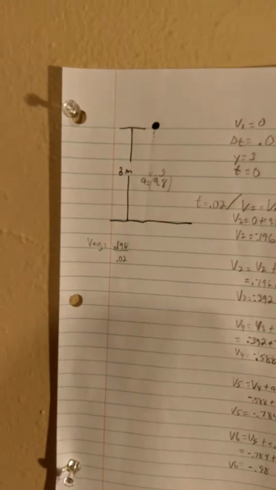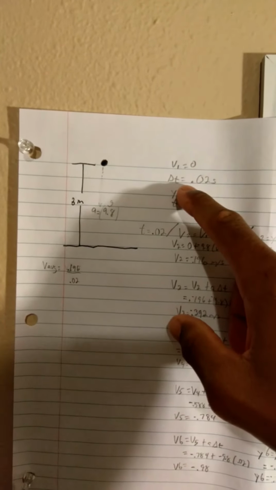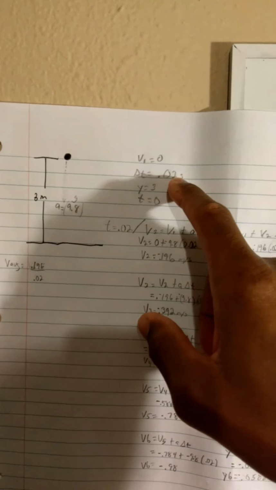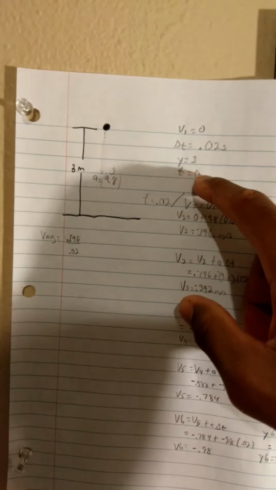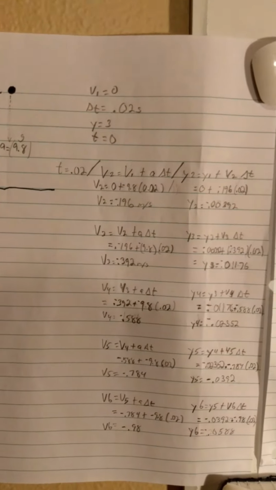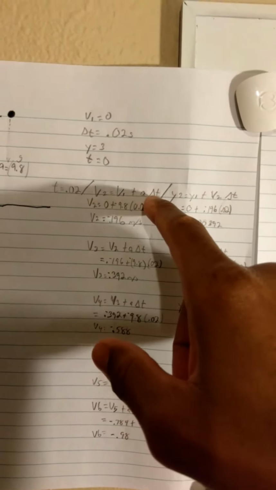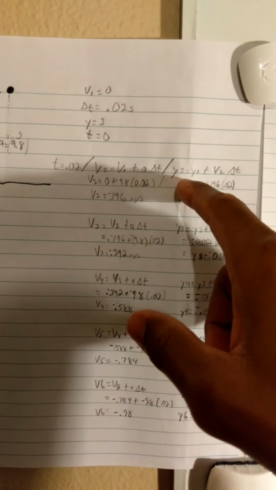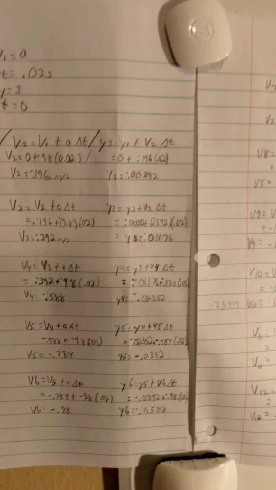So I used my initial givens, which was my initial velocity of 0, and my change in time of 0.02 seconds. I used that as every interval. My y is 3 to represent the height, and my initial time is 0. And I used v2 equals v1 plus acceleration times change in time, and also the formula y2 equals y1 plus v2 times change in time.